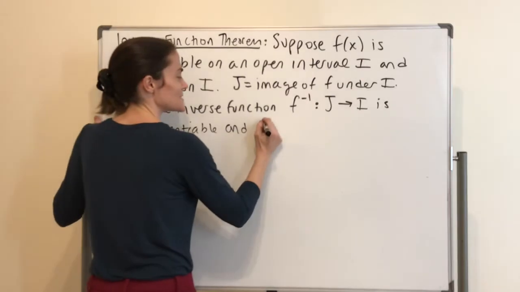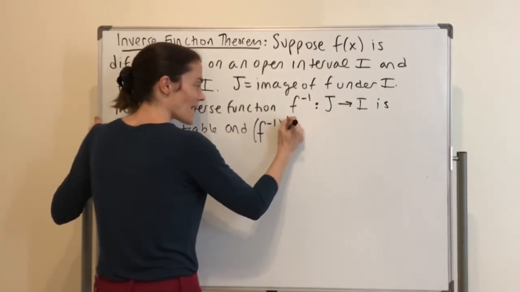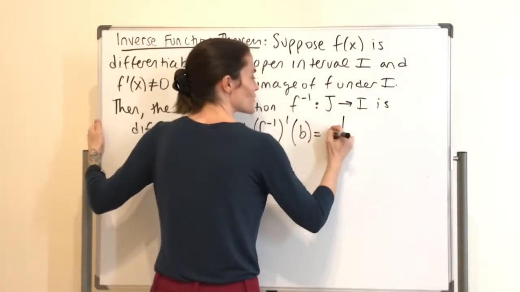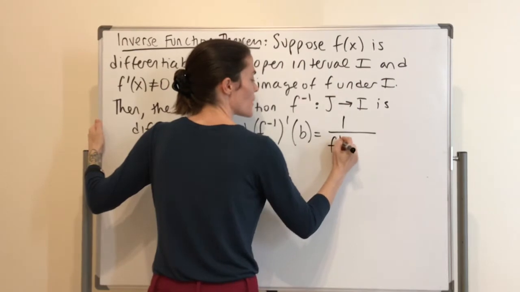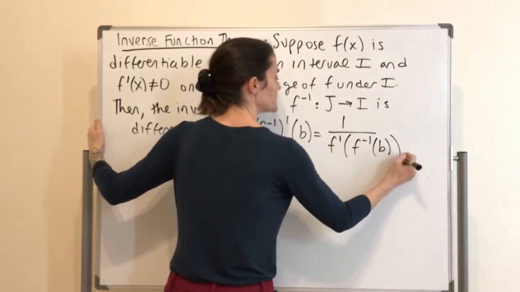So the formula is this, that f inverse prime at some value b is 1 over f prime of f inverse of b.